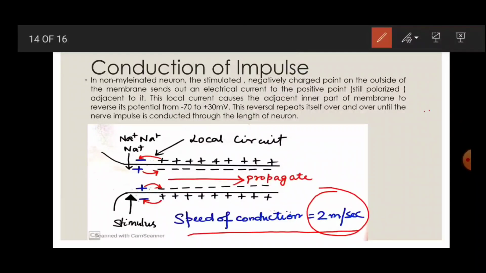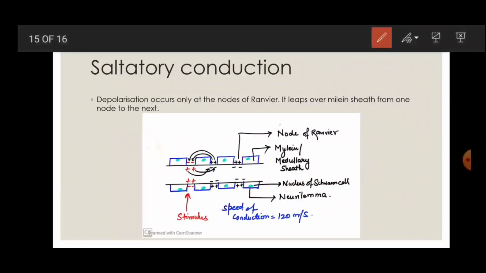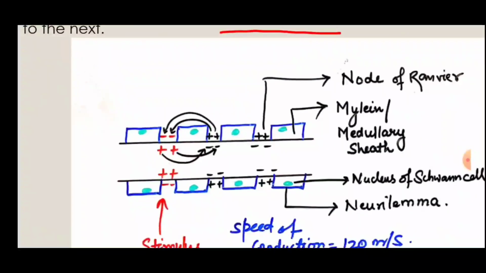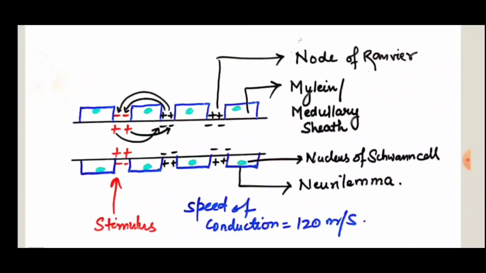Now let's talk about how conduction takes place in the myelinated neuron. Depolarization occurs only at the nodes of Ranvier. In a myelinated neuron, the myelin sheath or medullary sheath is present, and between two myelin sheaths there is a region called the node of Ranvier.